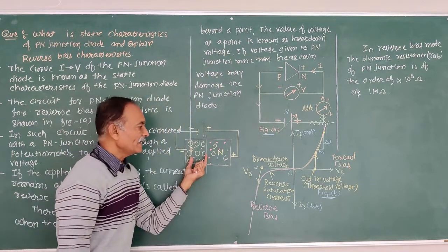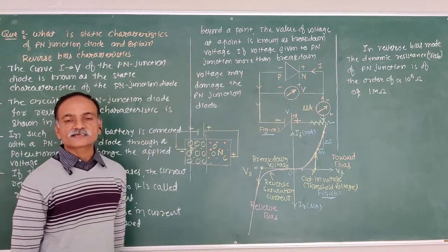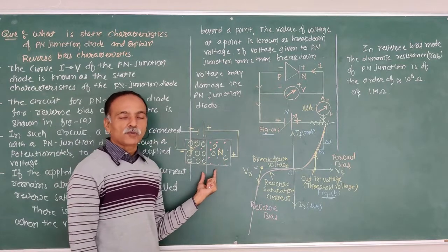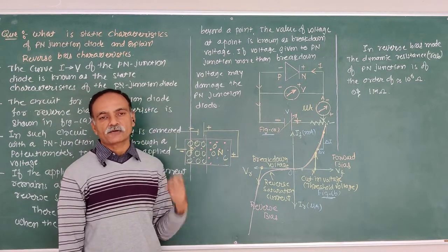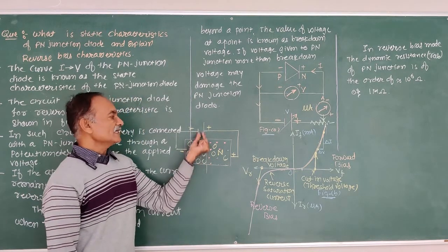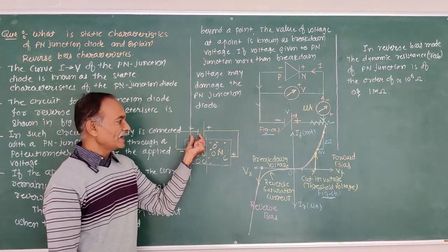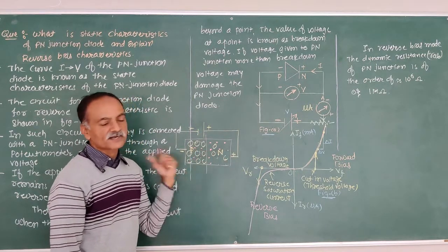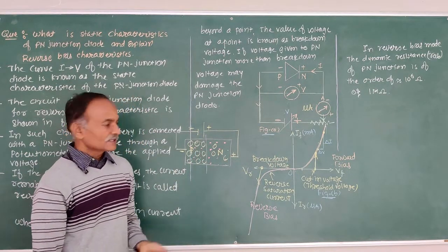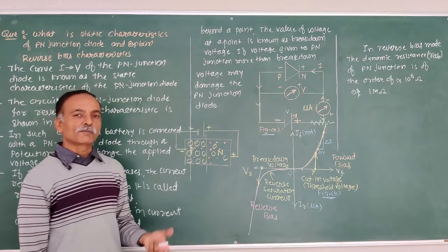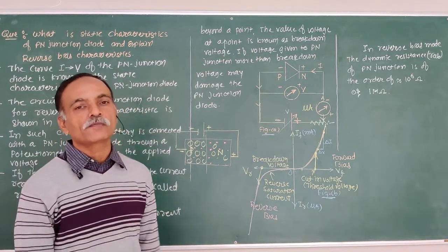The electric field across the PN junction is sufficiently strong to pull the electron from the covalent bond. As we apply the external electric field, the electric field in the PN junction increases. This electric field is sufficiently strong to pull the electron from the covalent bond.